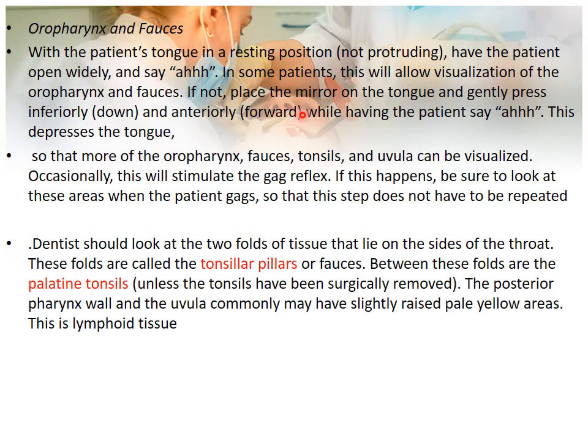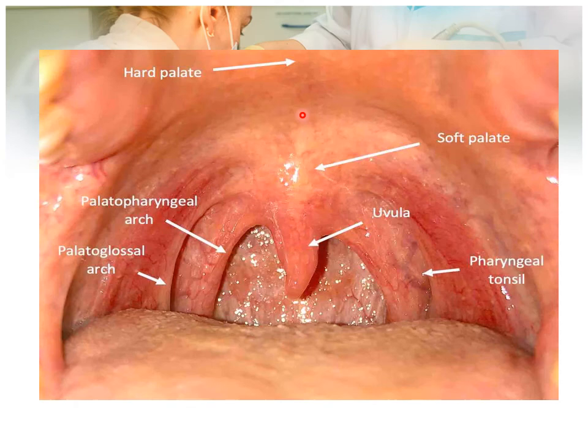Another structure, as shown in the picture, is called the uvula; a slightly raised pale yellow area may be seen with this structure. This structure is important to show the anatomy of this area and the different types of structures which are going to be represented.